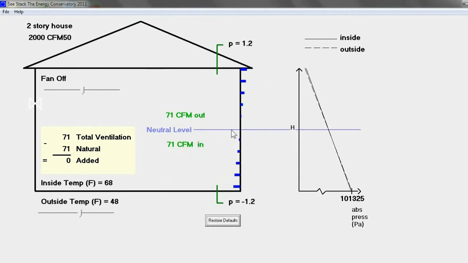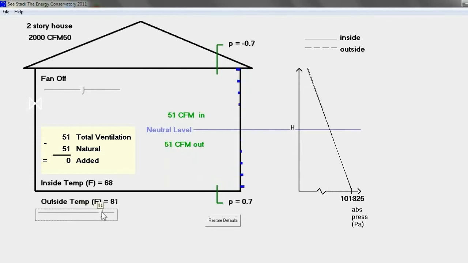So we'll go back to that neutral level, and we'll see that as we increase temperatures, we see our pressure at the top and bottom go down, and if we get no pressure difference between inside and outside, we've got no stack effect.